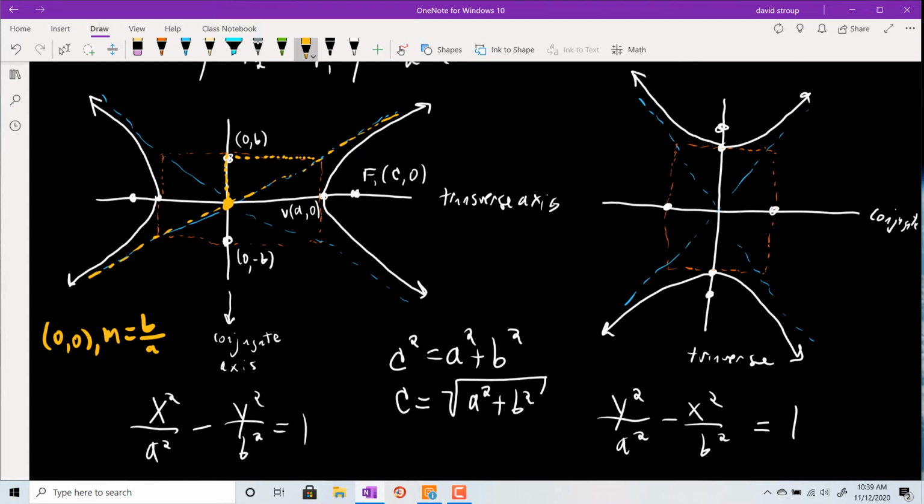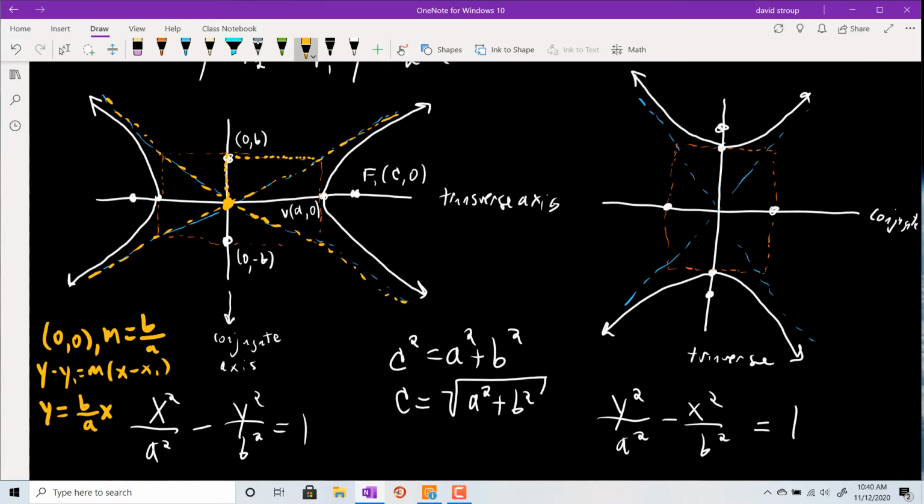In your point slope form, you've got y minus y1 equals m times x minus x1. You plug 0, 0 in for the y1 and the x1, and you'll just end up with y equals b over a x for one of your asymptotes. The other asymptote, which I'll do in yellow as well, is just the negative version of that slope.